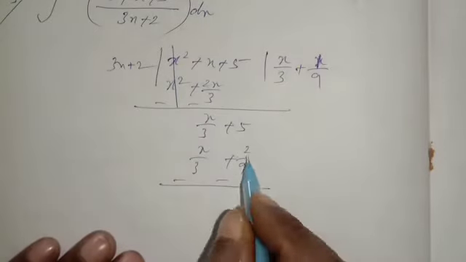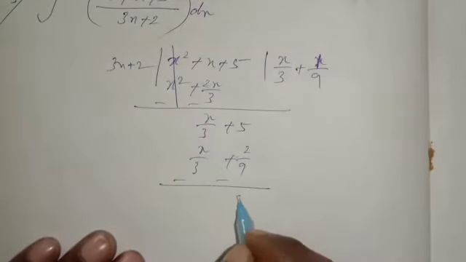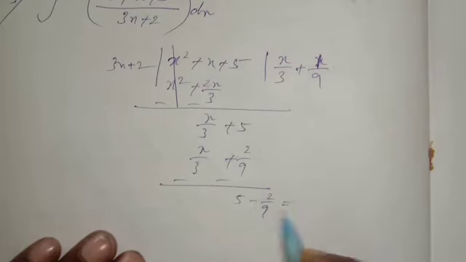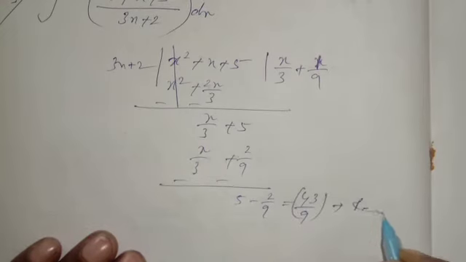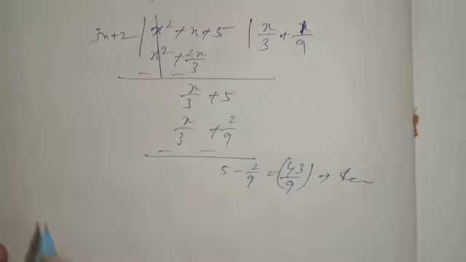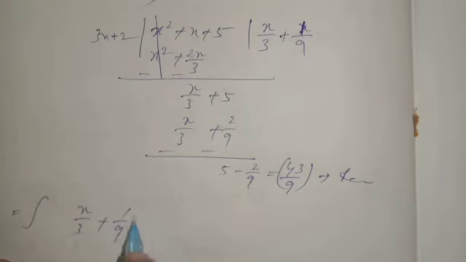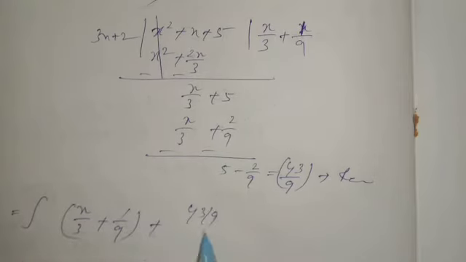That means 5 minus 2 by 9, this will be 45 minus 2, 43 by 9 is the remainder. Therefore, the given fraction will be converted to x by 3 plus 1 by 9 plus the remainder 43 by 9 divided by the divisor 3x plus 2.